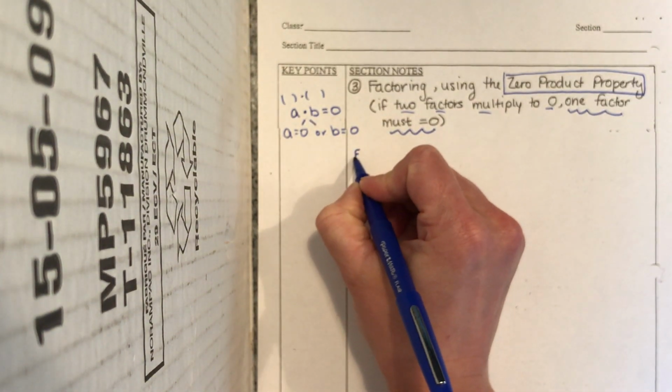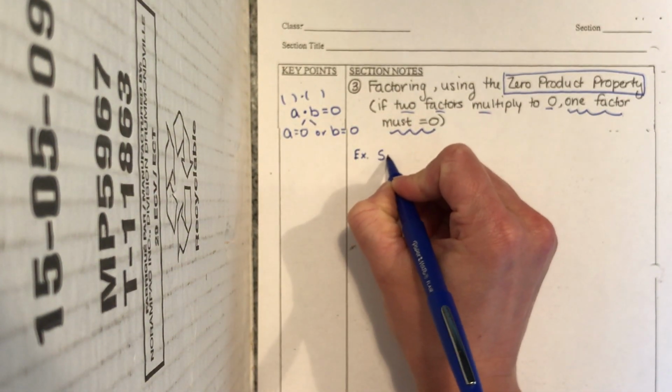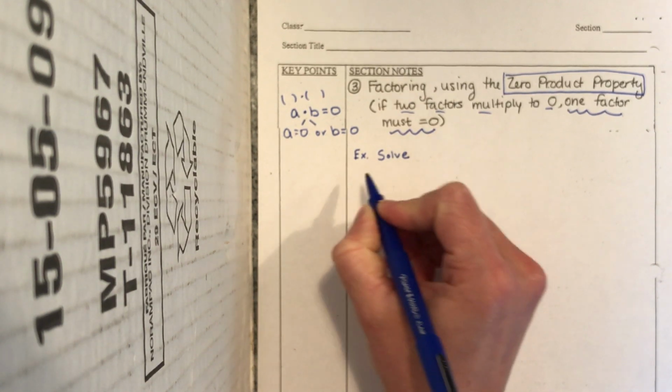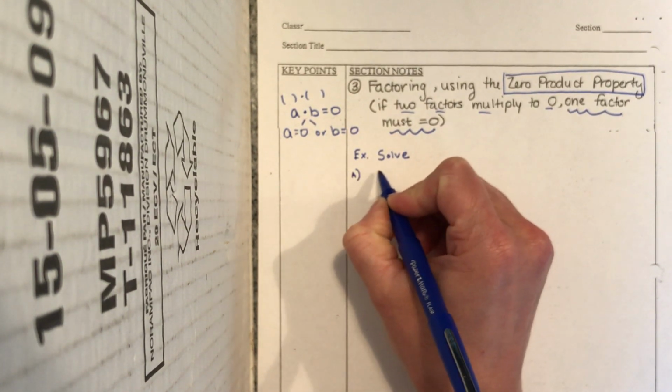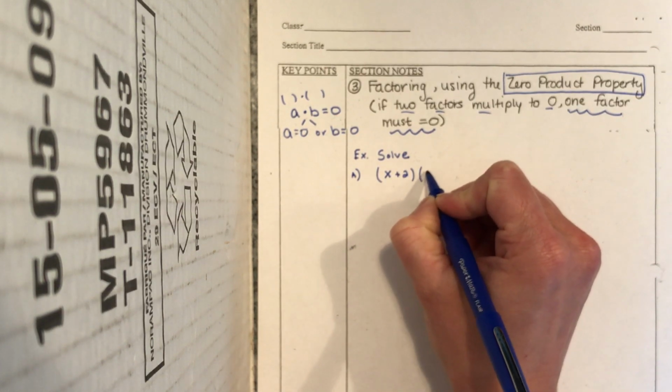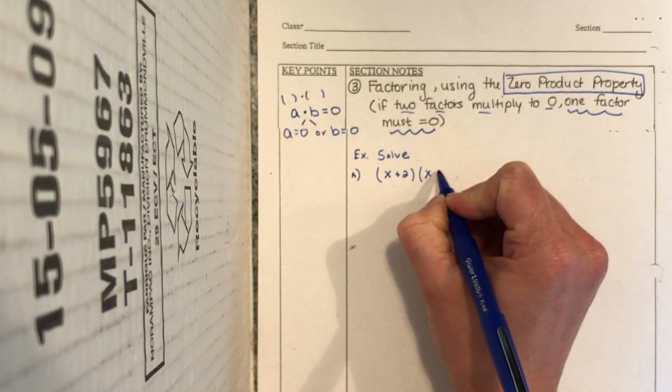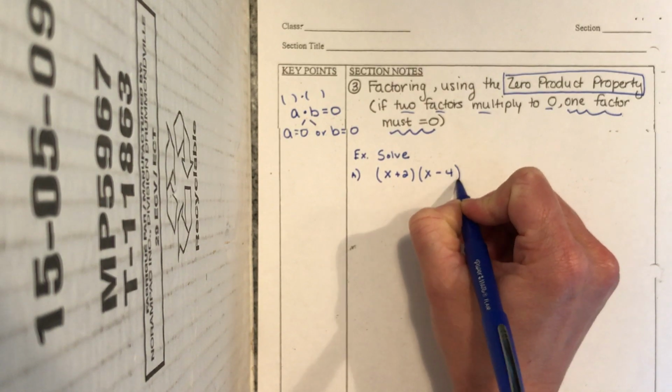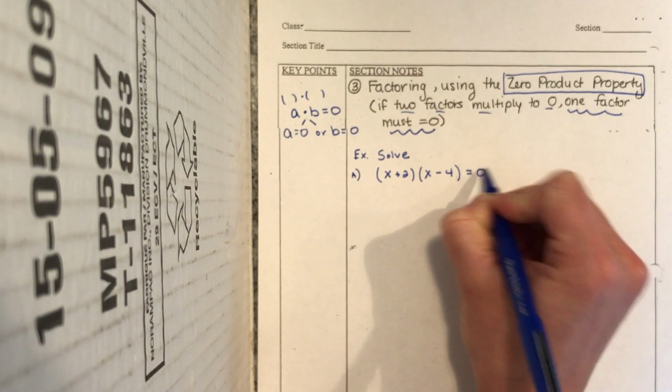So let's start with an equation that is already factored and pick up from there. So let's say we are solving the quantity of x plus 2 times the quantity of x minus 4, and it equals 0.